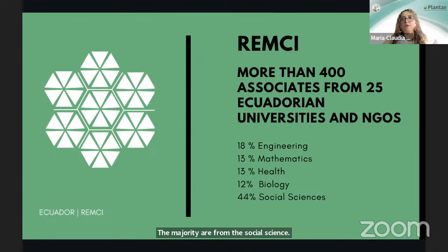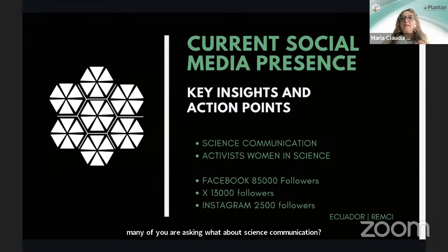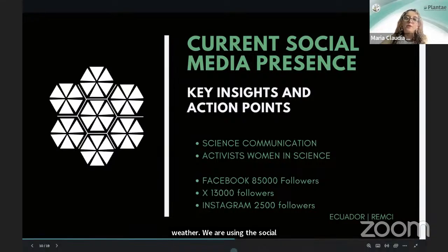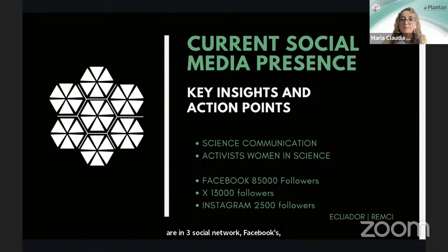Now, probably many of you are asking, what about science communication? We are trying to promote and give visibility to women in science, and we realized that we started becoming science communicators of women in science in Ecuador. We are using social networks, and so far we are on 3: Facebook, X, and Instagram.